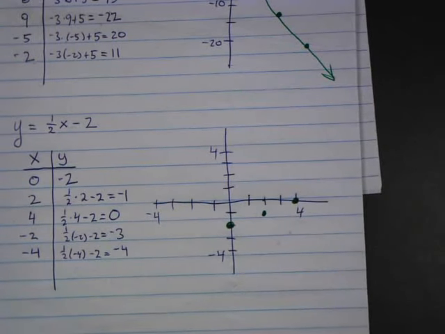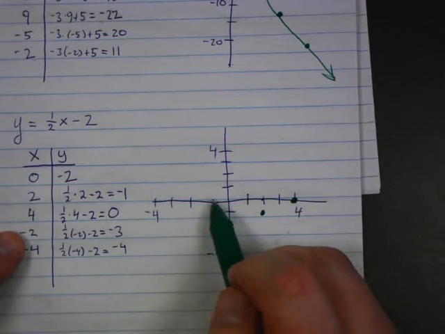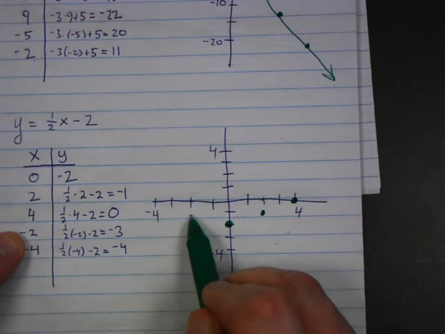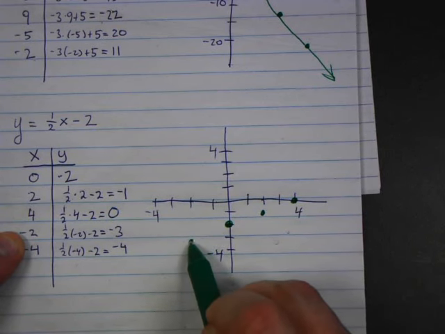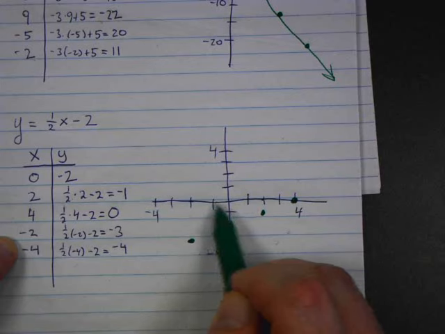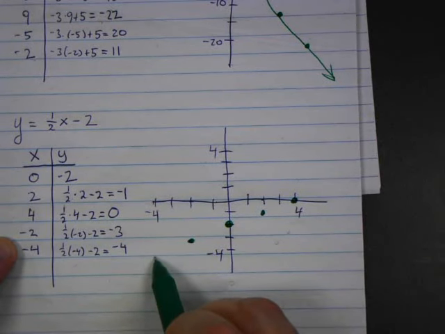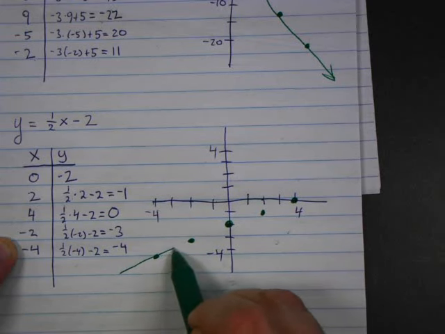This time we happened, by accident, to find our x-intercept. That's nice when it works out that way. It doesn't always work out that way. (-2, -3), and finally, (-4, -4). They all line up very well.